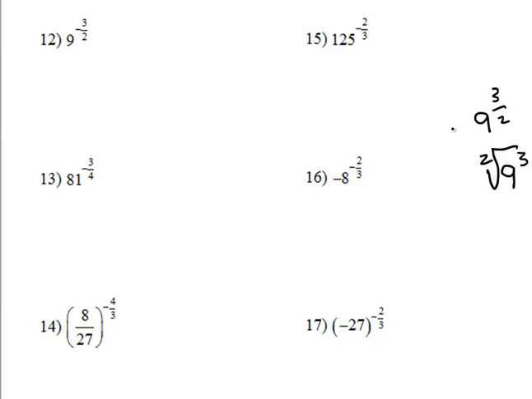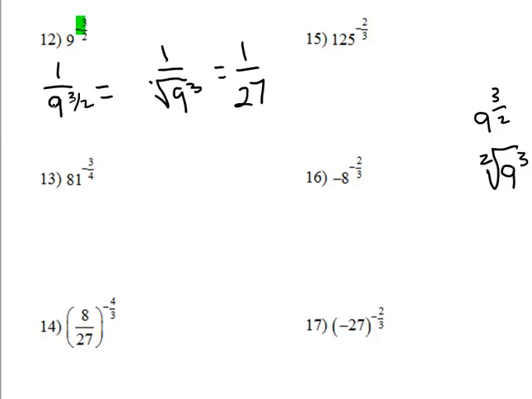So if I have that negative sign in there, the first thing I'm going to do is say, make me a reciprocal. So then it's 1 over 9 to the 3/2, and that equals 1 over the square root of 9 to the 3rd. So what's the square root of 9? It's 3, and 3 to the 3rd is 27.